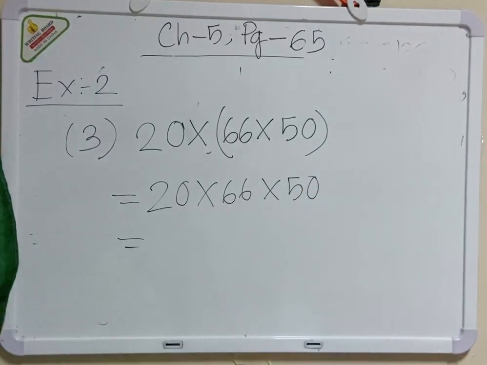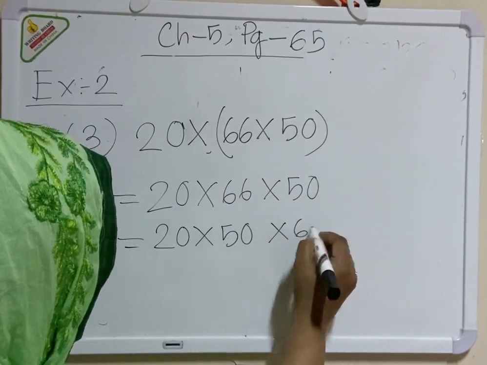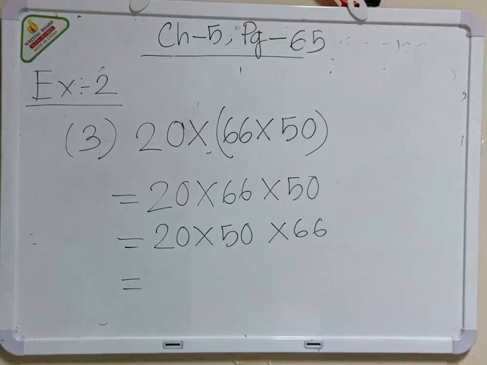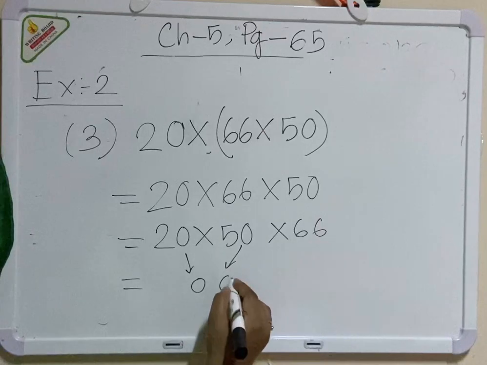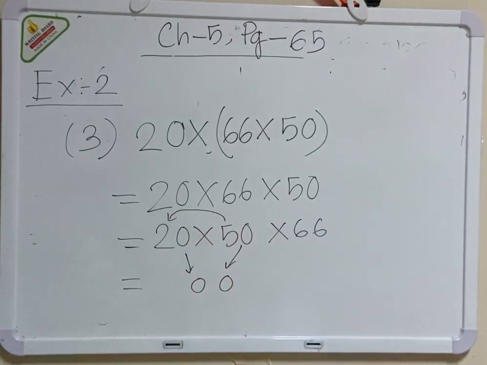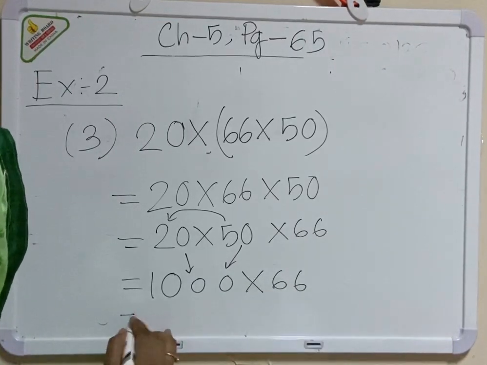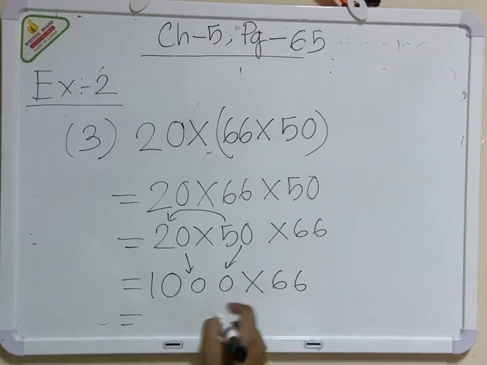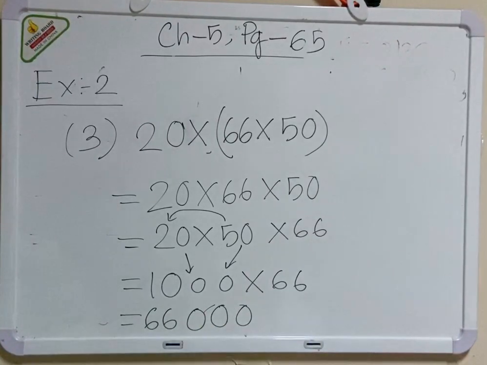Here no sign is different, so you can follow the multiplication normally. You can write 20 into 50 here, because all zeros are here. Try to solve the zeros first, then other things. Take these zeros down, multiply 2 with 5, that is 10, and then multiply with 66. 66 with 3 zeros there is 66,000.